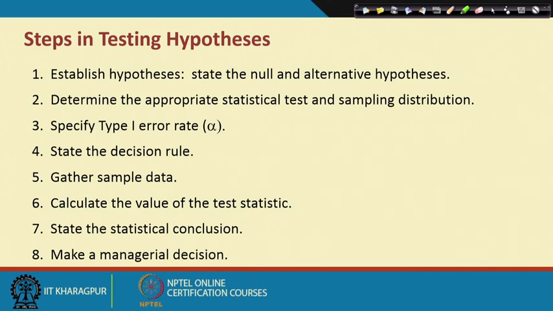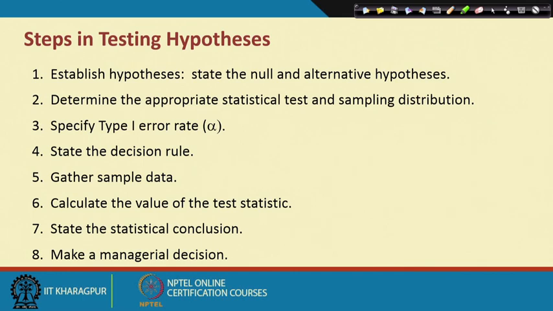And again, we have to connect with sampling and sampling distribution. Then in the third step we have to specify the type 1 error, that is the value of alpha, the probability level of significance through which you take a decision on the acceptance of the null hypothesis or the alternative hypothesis.